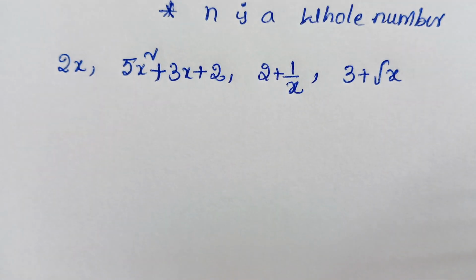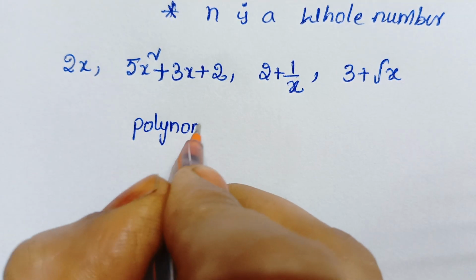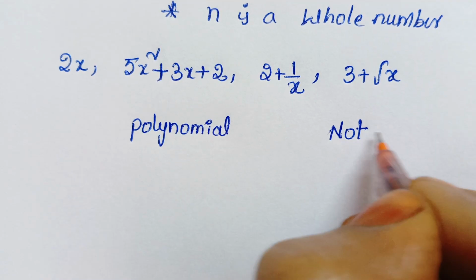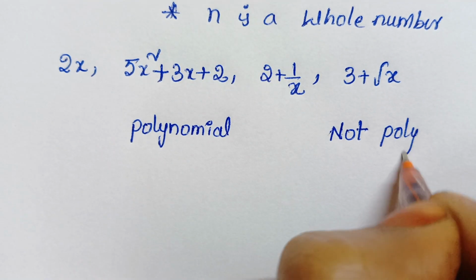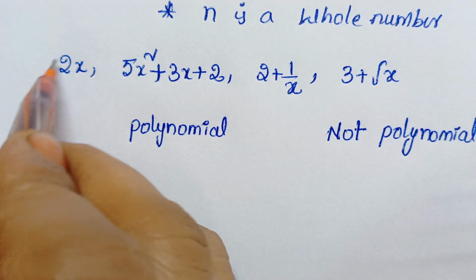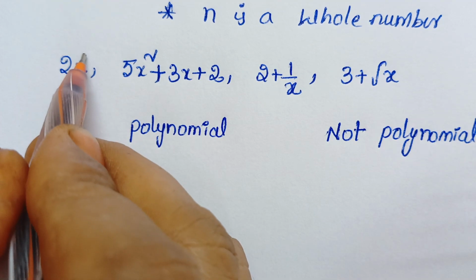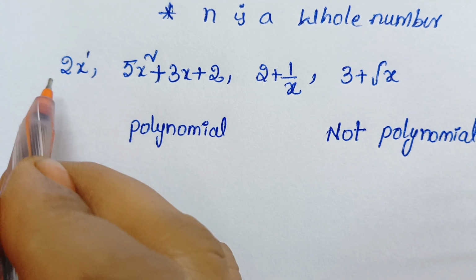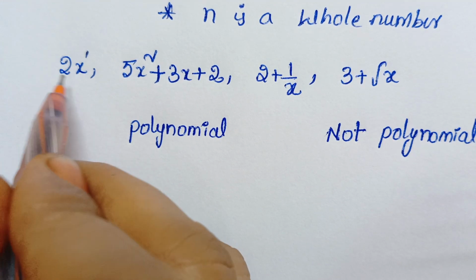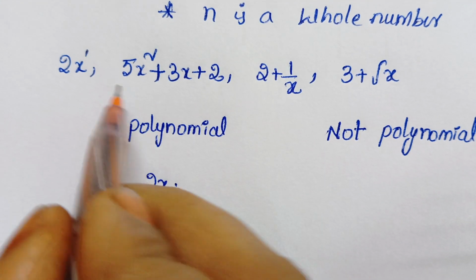First, I keep the polynomials on the left side and separate the ones that are not polynomials. First, consider 2x. It is ax power n, where n is nothing, meaning 1 will come. A into x power n, so this is a polynomial. So I am writing 2x here.